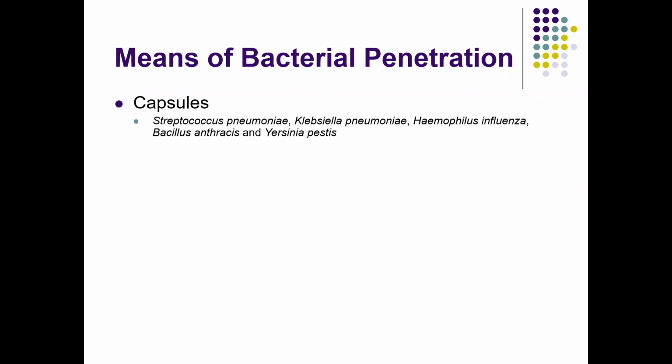Now you can see the word pneumonia in two of them, okay? The third one, Haemophilus influenzae, is actually a misnomer, because I hope you all know influenza is a virus. It is not a bacteria. But when this bacteria was discovered, they thought that it caused the flu.